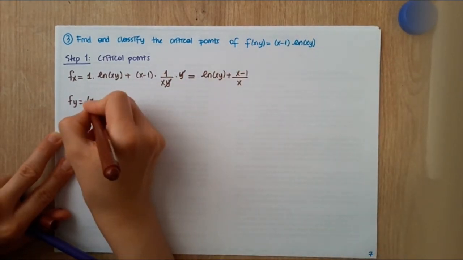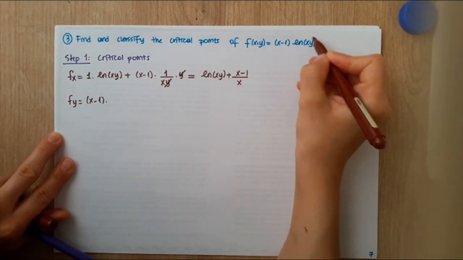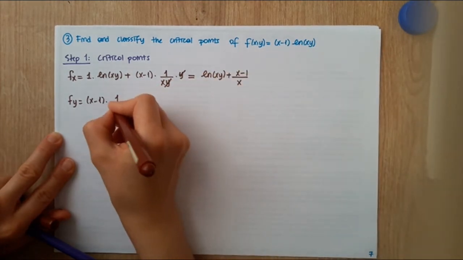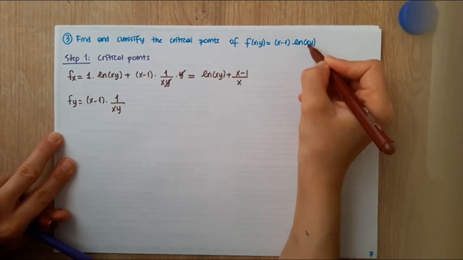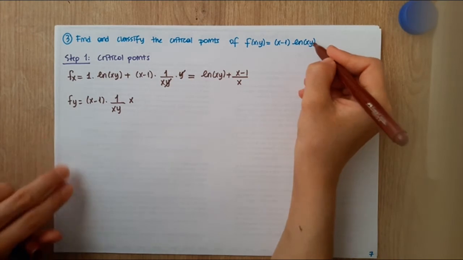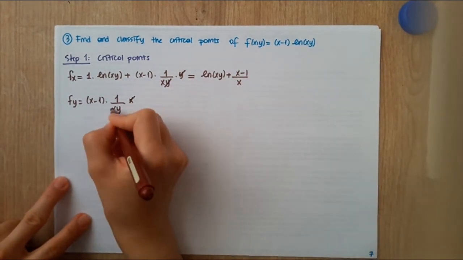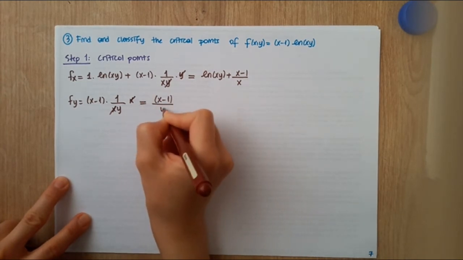I will write it directly here, and there is y in the natural logarithm. Because of that, we will evaluate the derivative of that part. And because of the natural logarithm, first of all, I have 1 over xy, and the derivative of inner term with respect to y is x, because x is constant, y is an independent variable here. I can cancel x's, so I have x minus y, 1 over y.